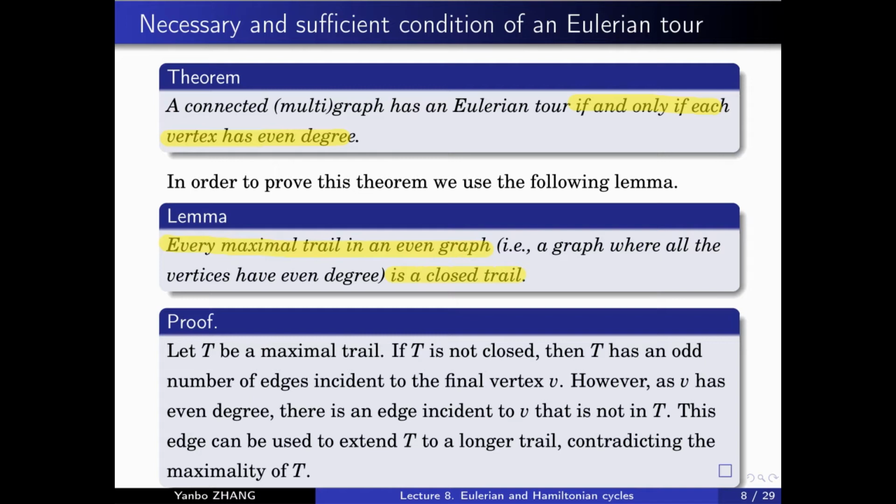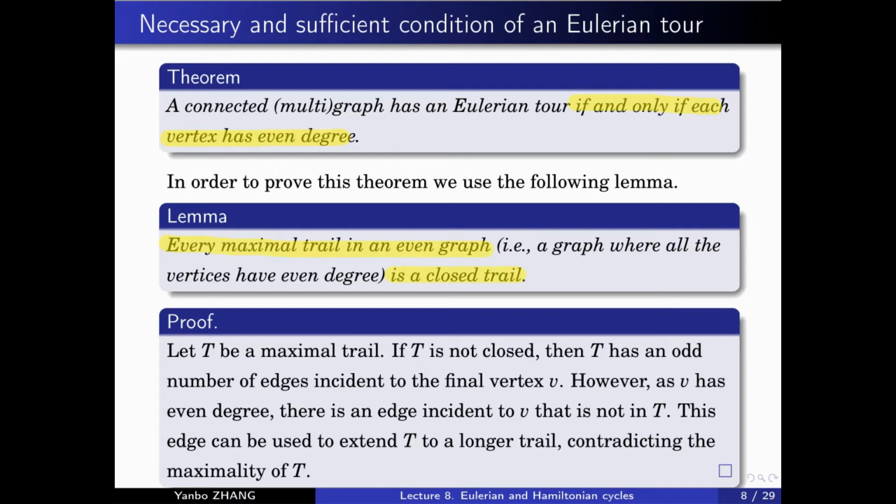We let T be a maximal trio. Now we need to prove that T is a closed trio. Suppose to the contrary that T is not closed.